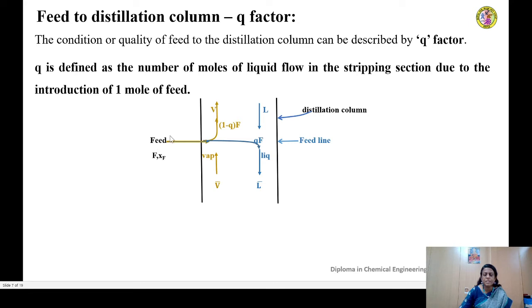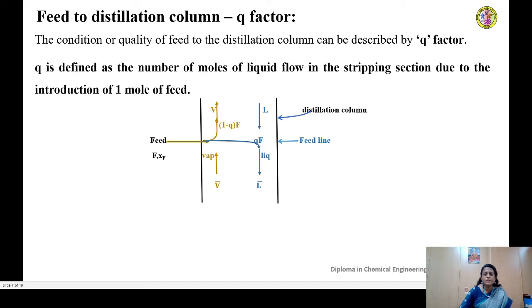Now, in the next condition, if the feed is entering as a mixture of vapor and liquid, both the liquid flow rate and the vapor flow rate increase, because the vapor portion gets added to the vapor stream and the liquid portion gets added to the liquid stream. That is the impact when the feed is a mixture of vapor and liquid.